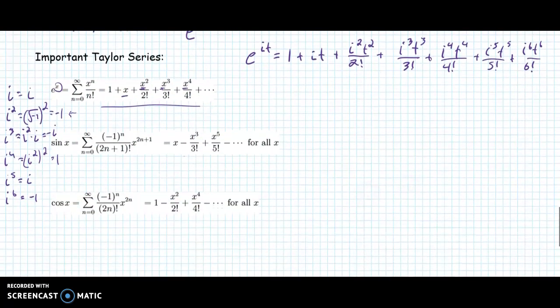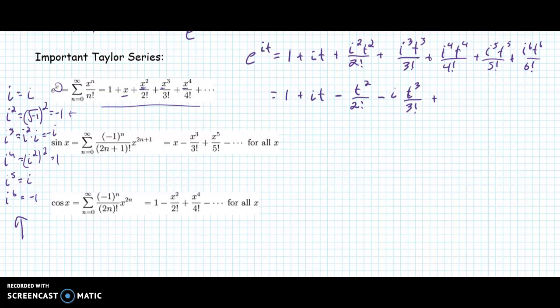All right, let's go down here and expand some of this stuff out using these ideas. I get 1 plus it, and I get minus, because the i squared turns into a negative 1, t squared over 2 factorial, plus, this is a minus because I got an i cubed, so I get minus i times t cubed over 3 factorial, plus, I got i to the 4th.